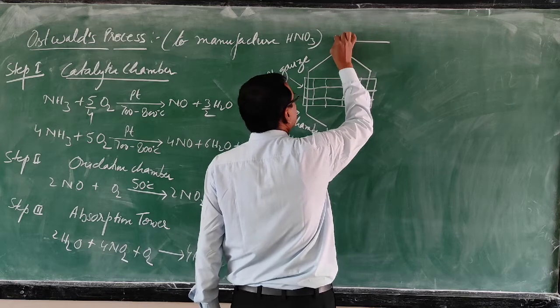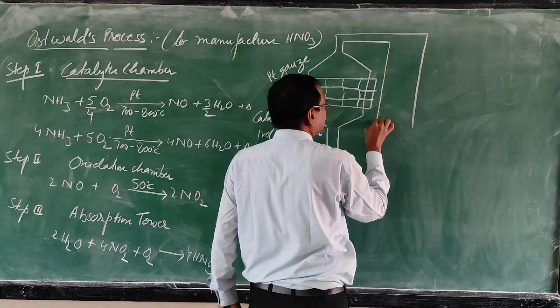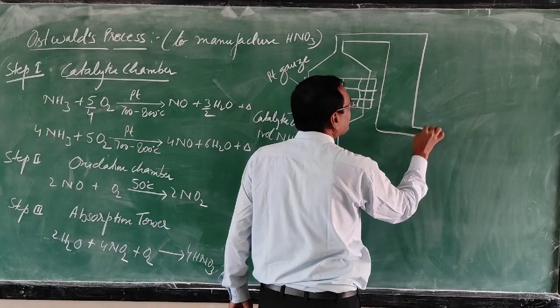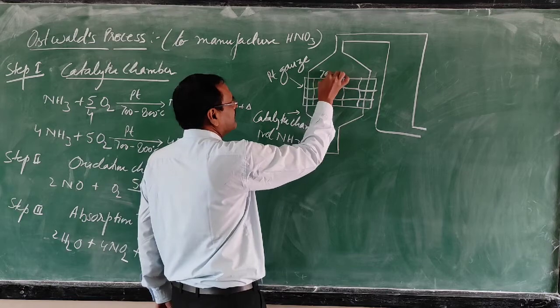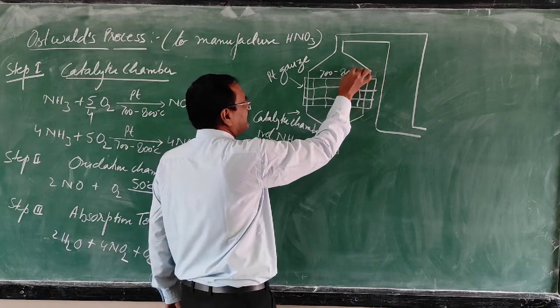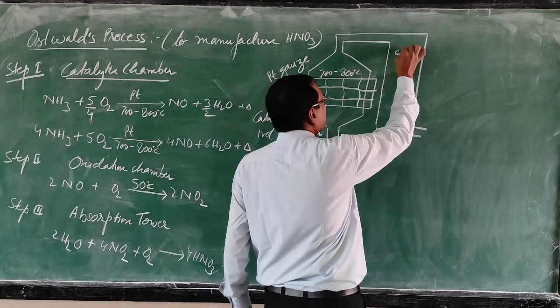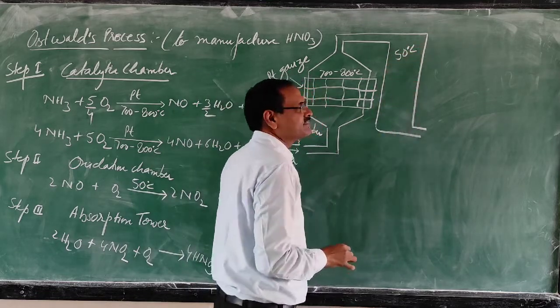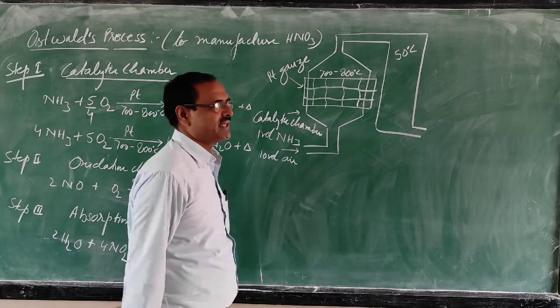towards the oxidation chamber. This is the oxidation chamber. Here the temperature you are maintaining is 700 to 800 degrees Celsius, and there you are maintaining the temperature at 50 degrees Celsius. How is it possible that all of a sudden the temperature will come down?